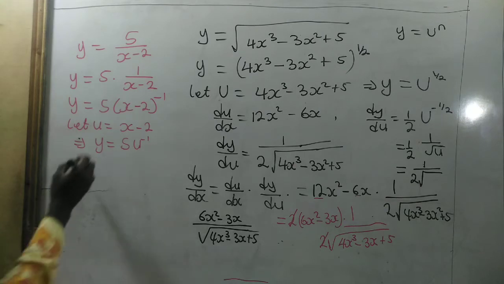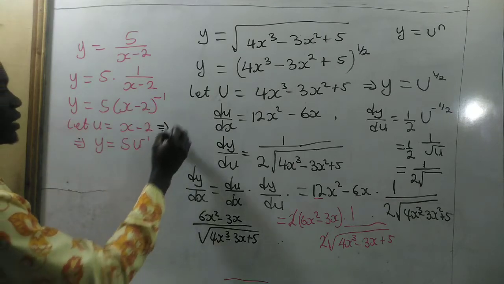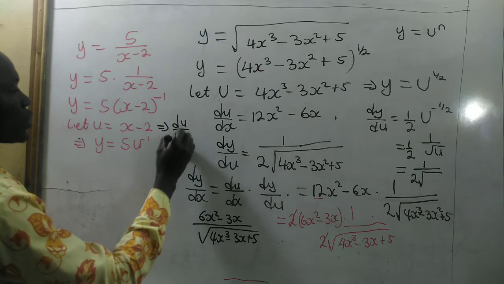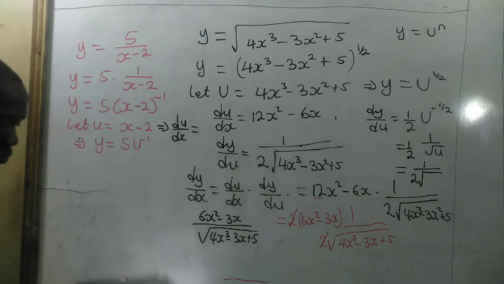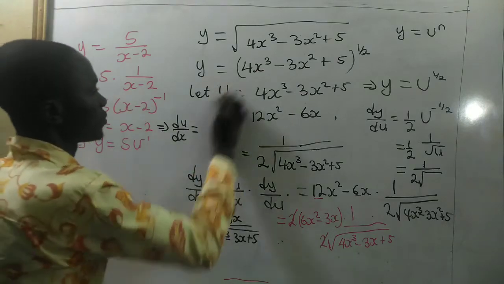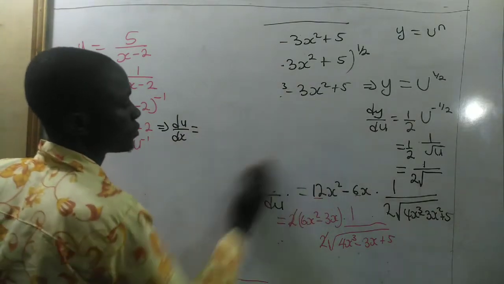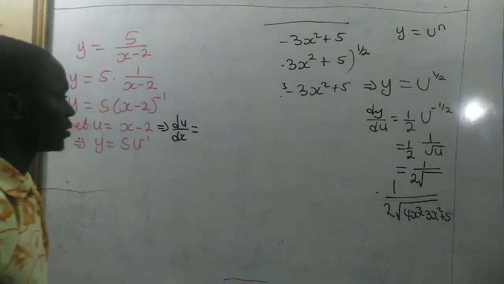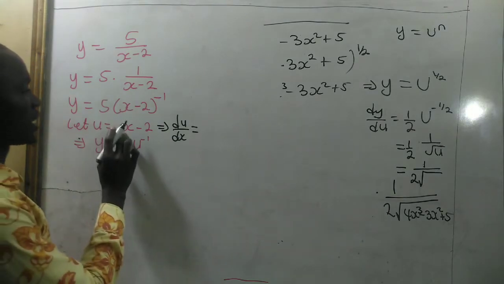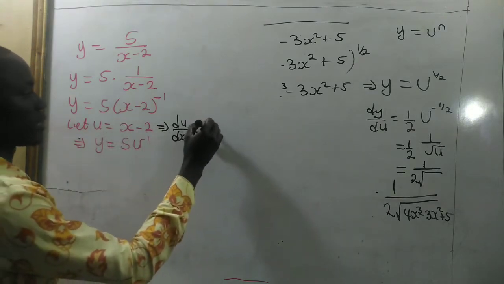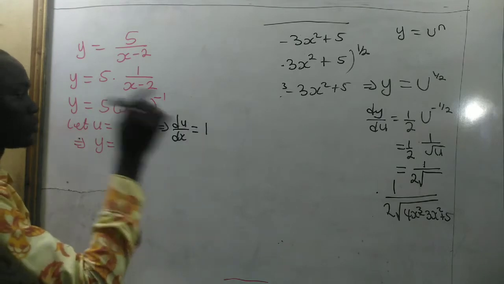So here, this implies that the derivative of u with respect to x is equal to, if we differentiate x, you get 1.